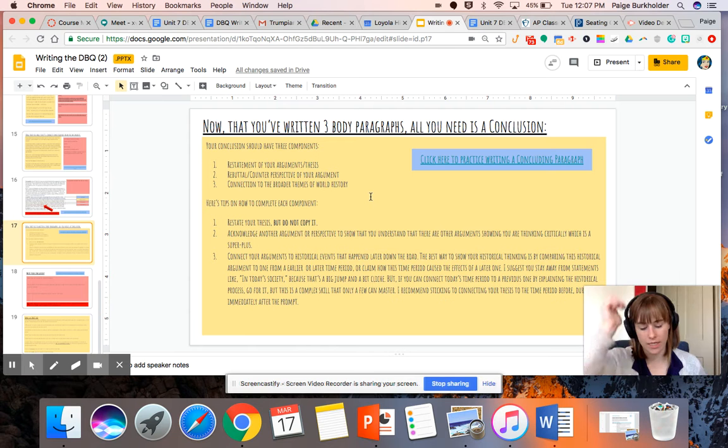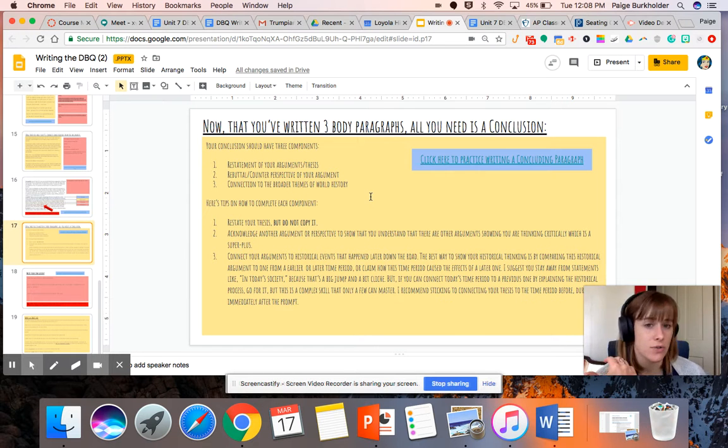And the reason I say don't lose sleep over it is because the probability of a reader getting to your conclusion is very minimal. Most of the time, they focus on your intro and they focus on your first body paragraph because that's what they get to. They take about 2 minutes per essay. So the probability for them to get there is very slim.